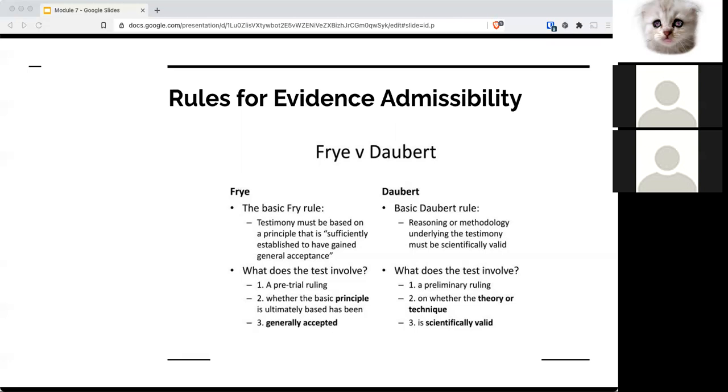Expert opinion must be derived from a thing and must be based on science that is demonstrable and not experimental. The Daubert test, based on another court case, Daubert versus Merrell Dow Pharmaceuticals: computer forensics investigators must perform benchmark testing on their hardware and software tools. This testing will enable the investigator to explain known error rates.